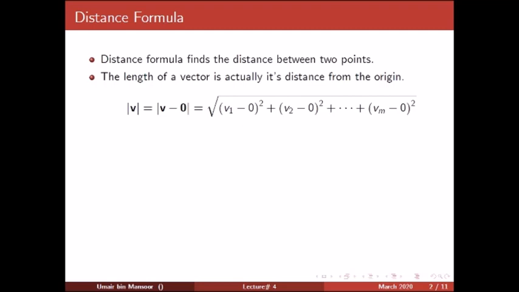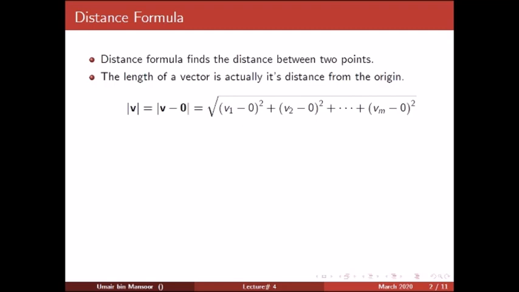Considering that we have a vector v, having a point v in the vector space of Rn and the tail at the origin, the distance formula gives you the length of this vector from the origin.